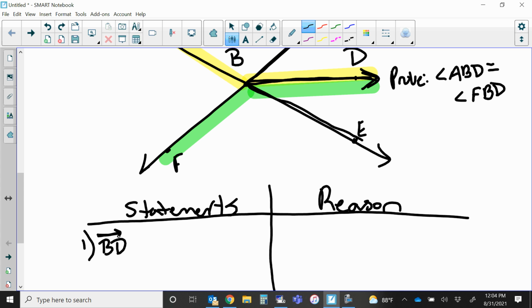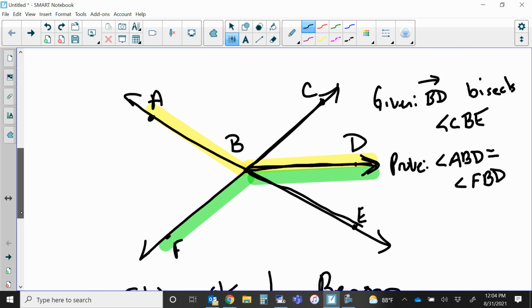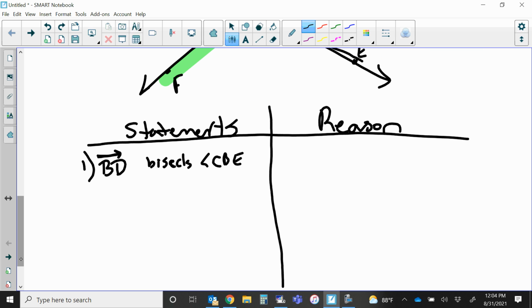We're going to practice that notation. What's our reason why? How do we know that to be true? Yep, that's our reason why: given.